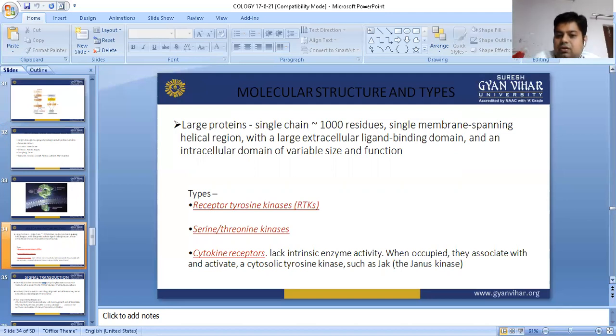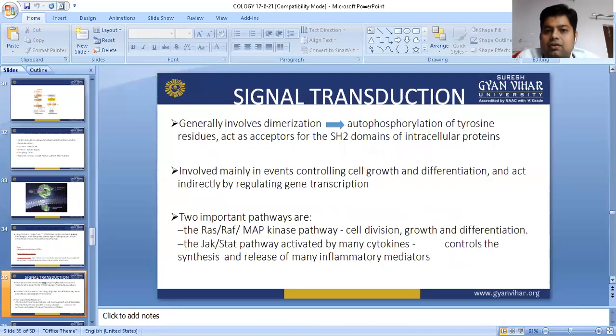JAK, actually Janus kinase, is the enzyme. What is their mechanism? The signal transduction mechanism generally involves dimerization. We have seen the structure of this receptor in the diagram; they are available in dimer form. So it generally involves dimerization.